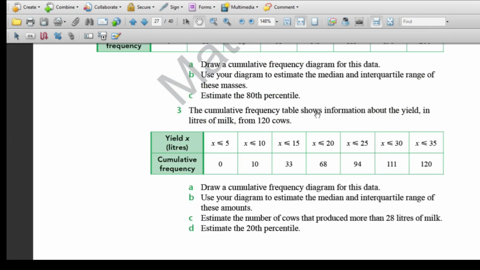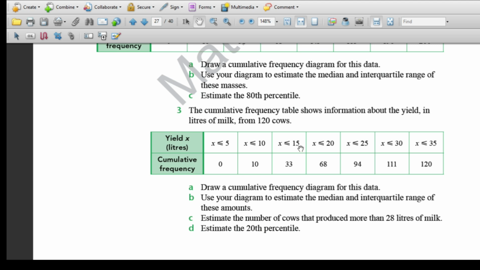The cumulative frequency table shows information about the yield in liters of milk from 120 cows.